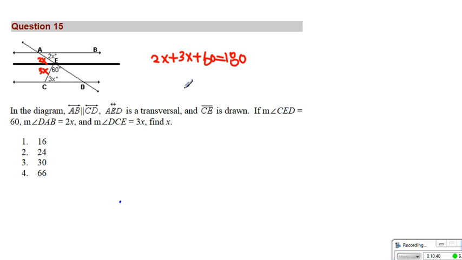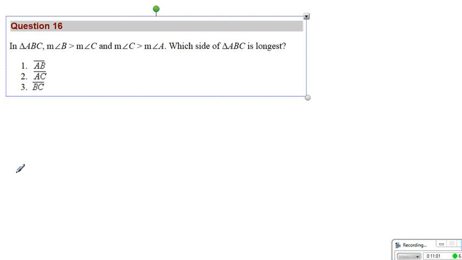When you combine them together, 5x must be equal to 120. And at the end, x must be equal to 120 divided by 5, which is 24. So x equals 24. Choice number 2.